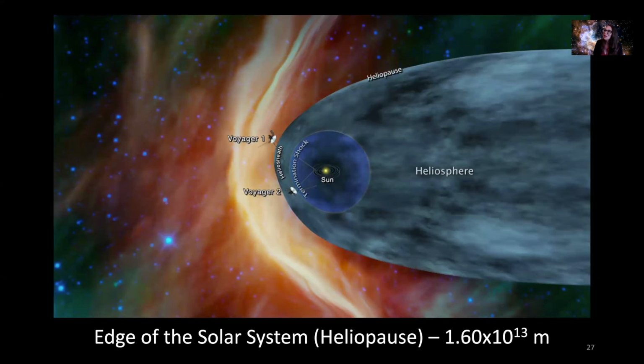Then we go much further away, to the edge of our solar system called the Heliopause. That's at a distance of about 1.6 times 10 to the 13 meters away from our Earth. Here we have a picture of the Heliopause. The Heliopause is essentially the edge of our sun's magnetic sphere of influence.